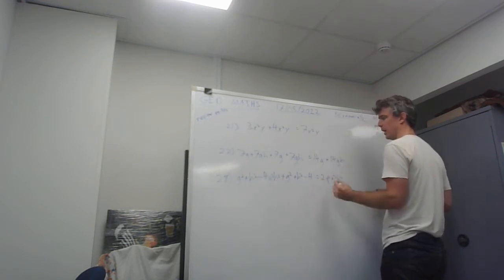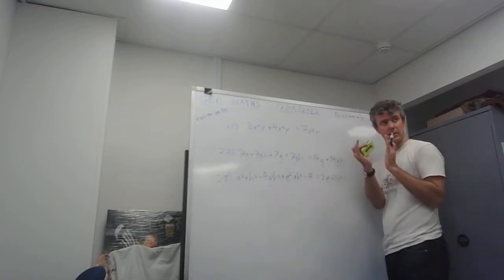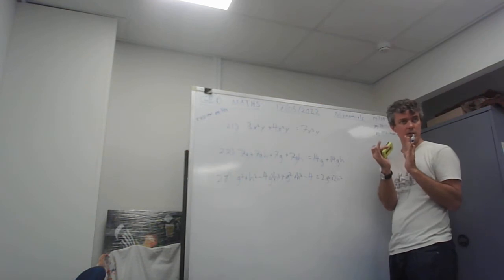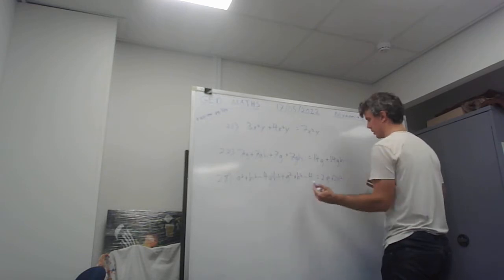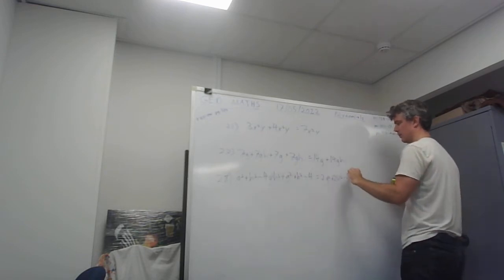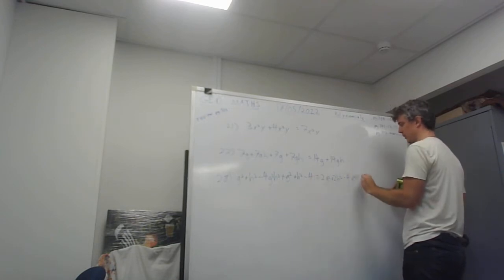And now we have g squared h squared. Do you have any other g squared h squared together? No, we don't have any more, so we just keep this term, minus 4g squared h squared. And we just put the minus 4 there.